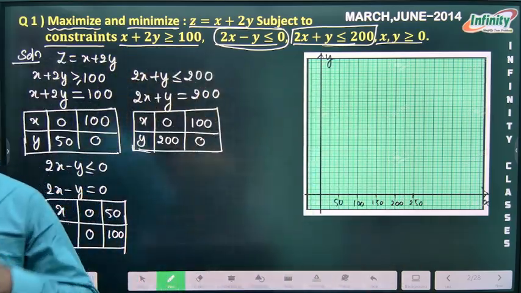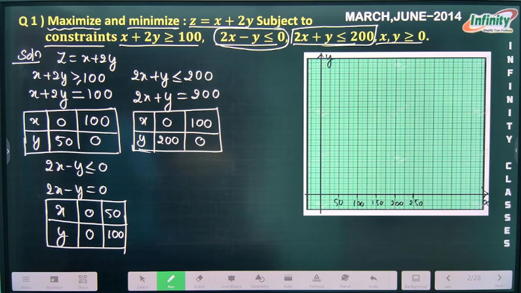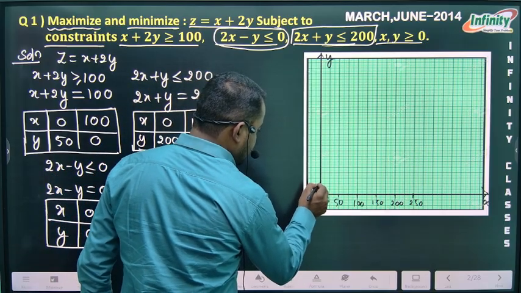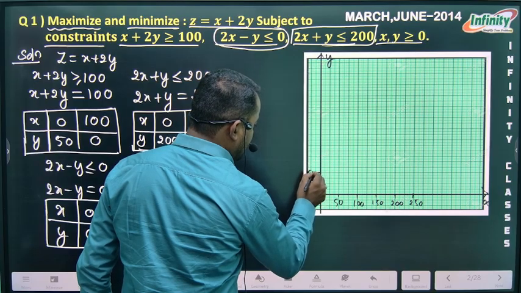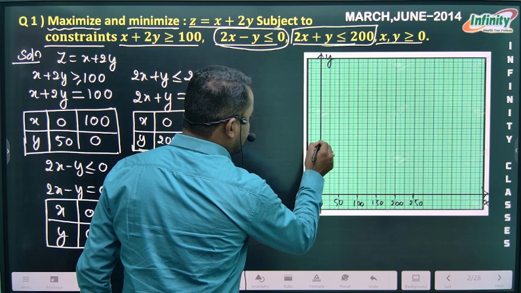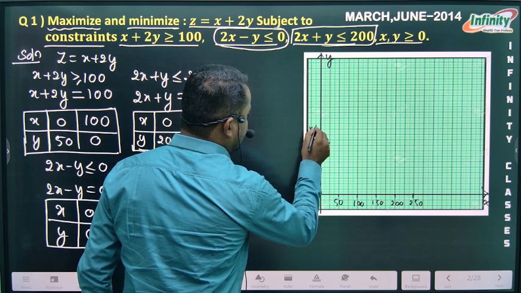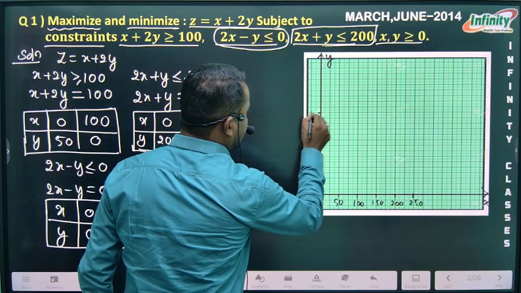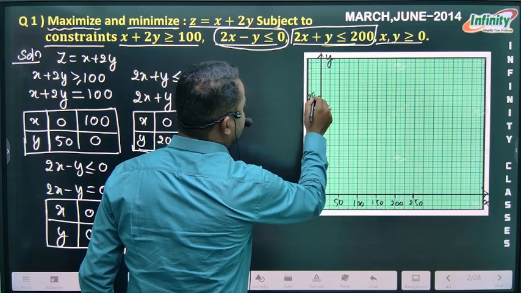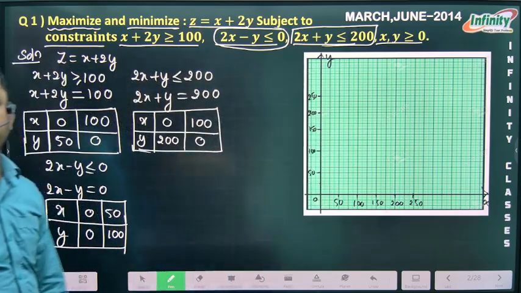Similarly along the y-axis, 0, 50, 100. This is the 0 passing through the origin. Now this is 50, 100, 150, and 200 and 250. Now let us mark the point.